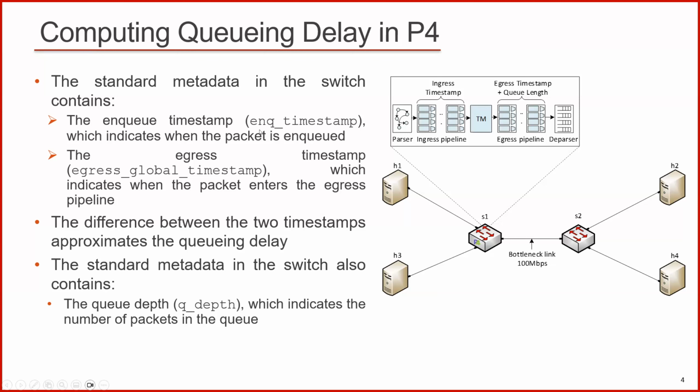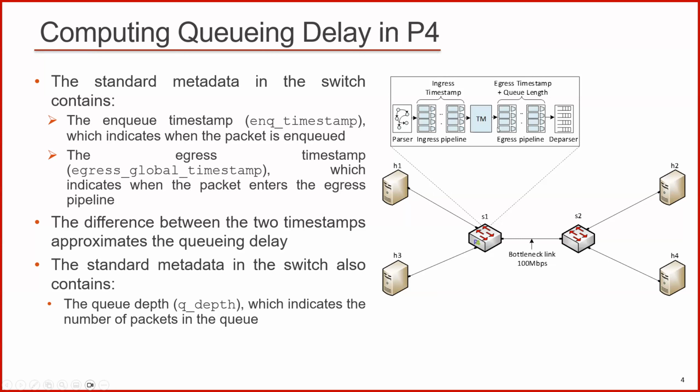Some of the fields that we're going to be using: something called enq_timestamp. This is the timestamp that is provided to us whenever a packet is first entering the queue. And also we have the egress_global_timestamp. This is the timestamp when the packet first enters the egress pipeline.